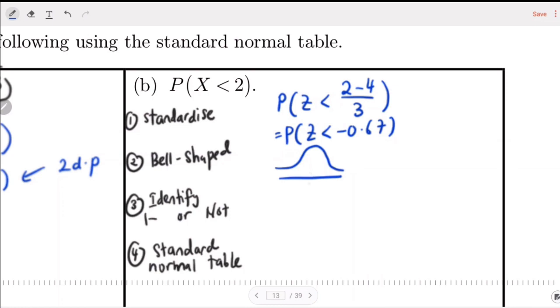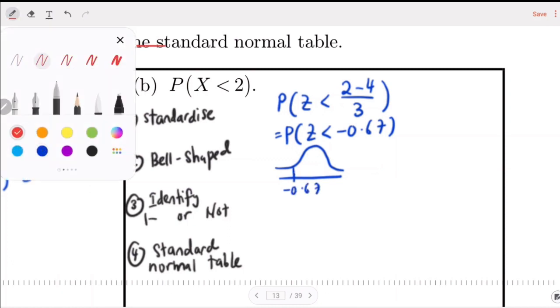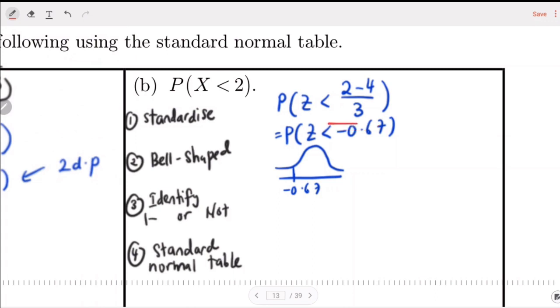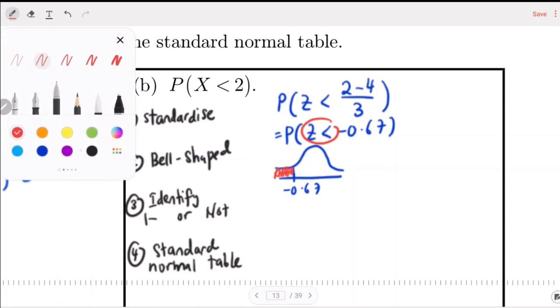0 would be in the middle, negative 0.67 would be on the left side. Right, so since we would like to find the probability for z less than, the shaded region will go on the left. So here is the shaded region. Then we need to identify whether we need to put 1 minus or not.